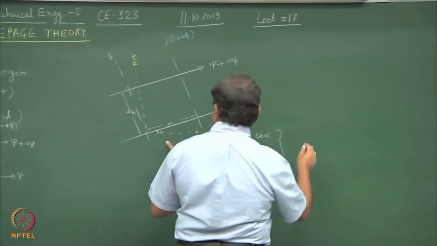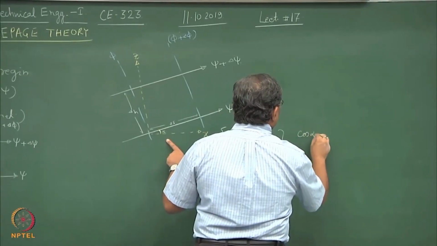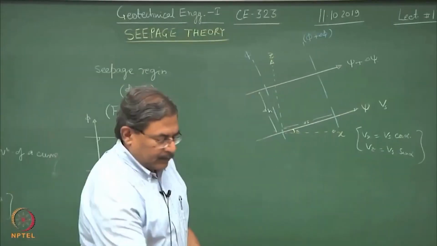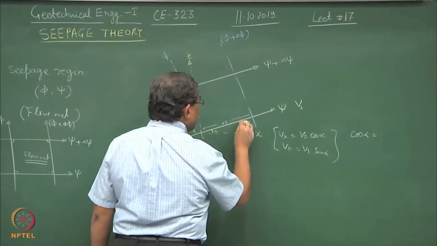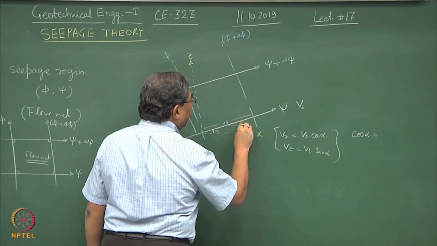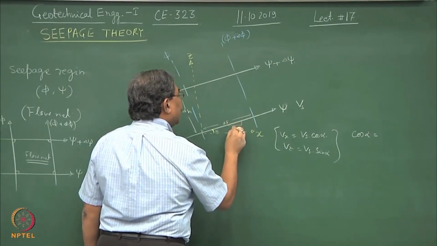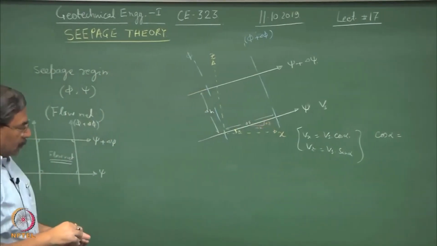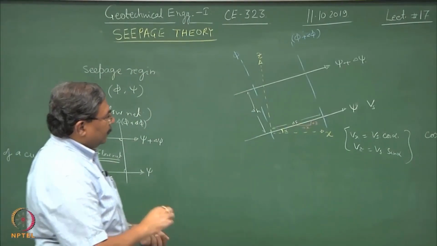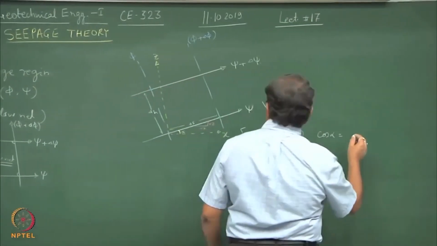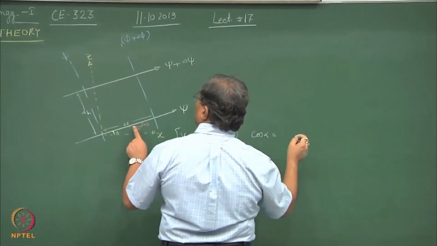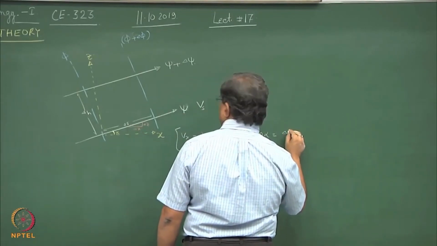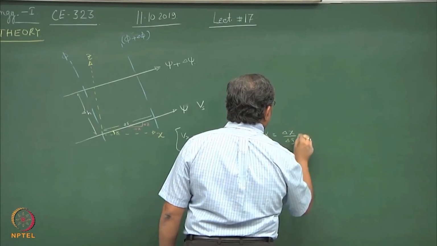I can also define the term cos alpha as, if I take the slope of this line and define this as delta x, delta z, so cos of alpha will be equal to del x upon del s.